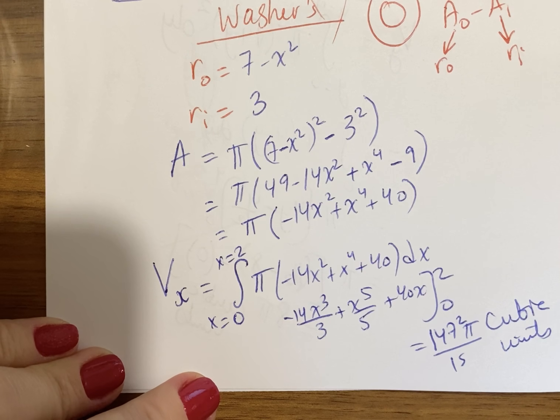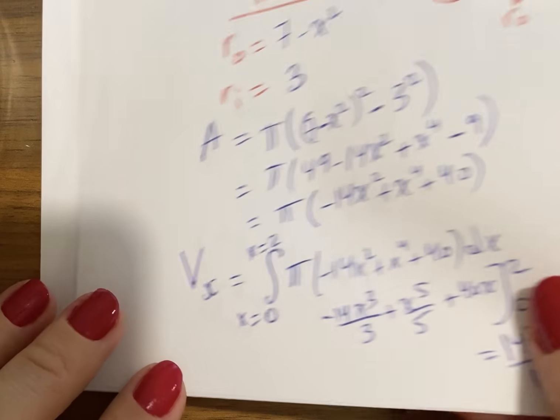All right, so let's look at the same region, but now I have a third line of revolution. This is, by the way, example 7 in the book. The line y equals 7.